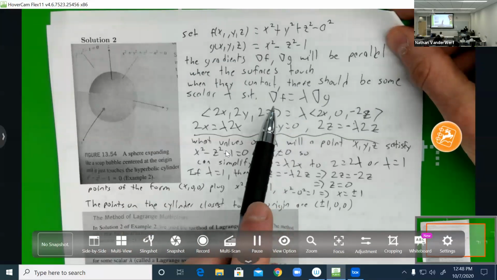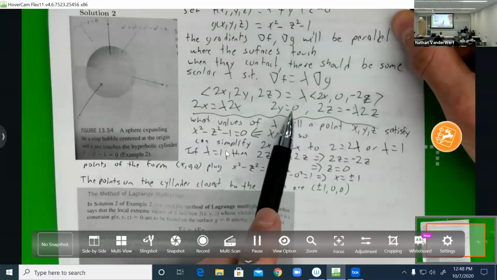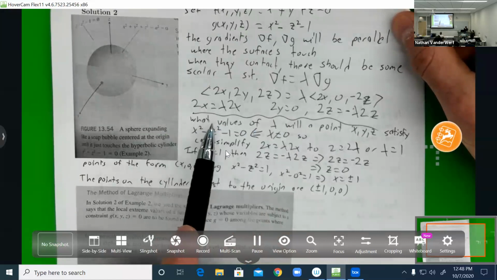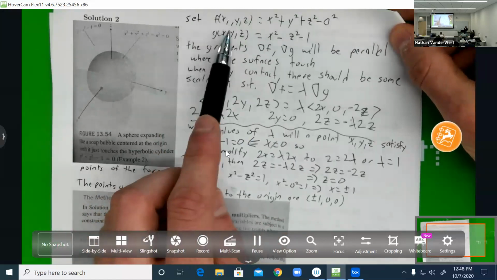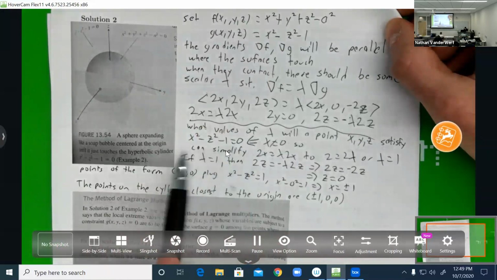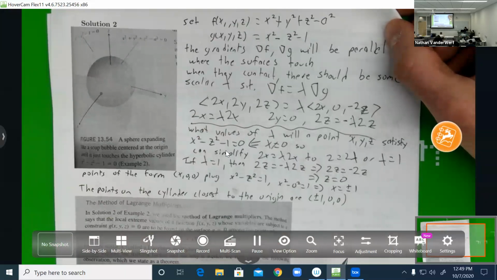So we did this weird thing where we inserted this extra variable lambda and set them equal to each other, and then we figured out what this lambda could be, and we used that and the original constraint that x squared minus z squared minus 1 equals 0 to narrow down exactly what x, y, and z should be.